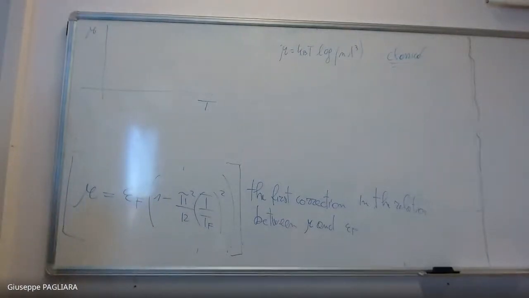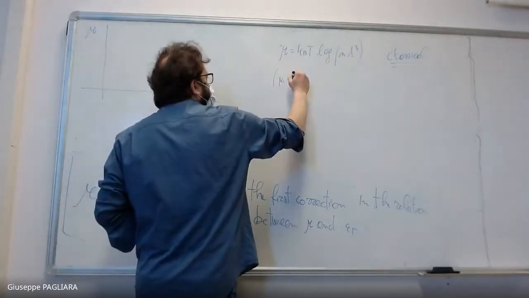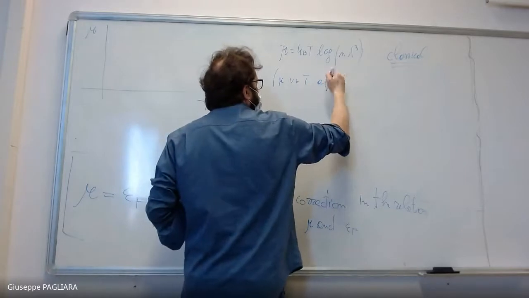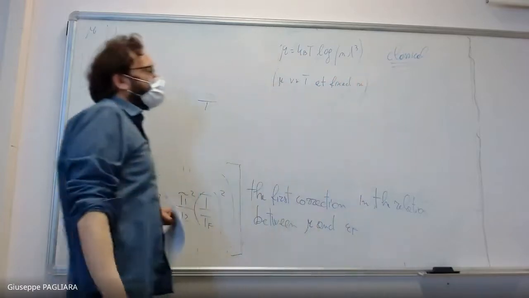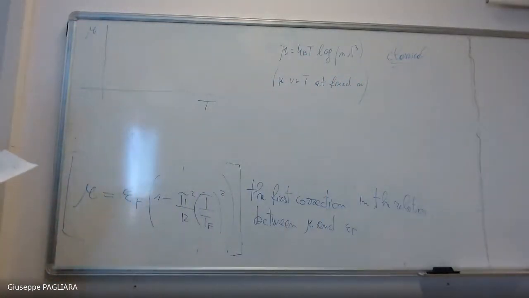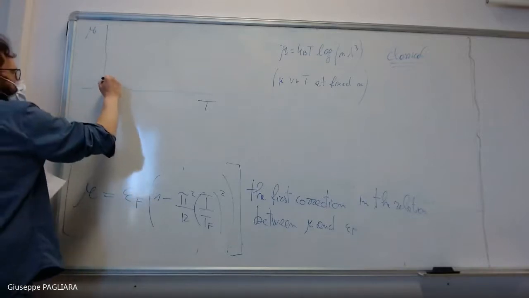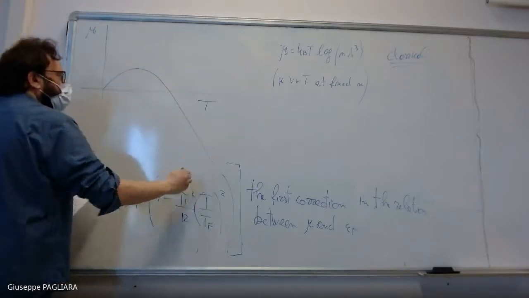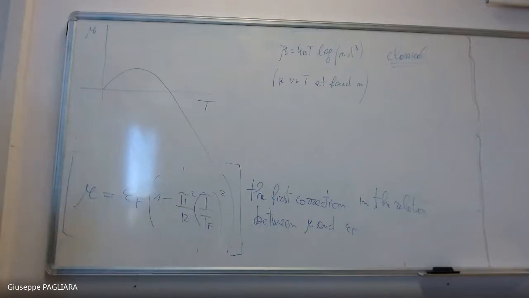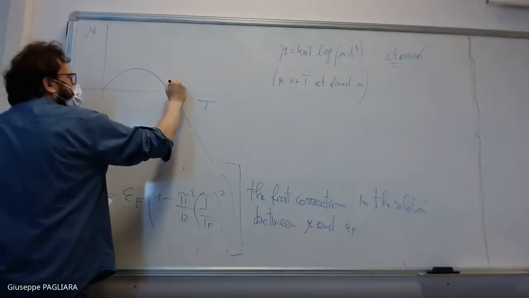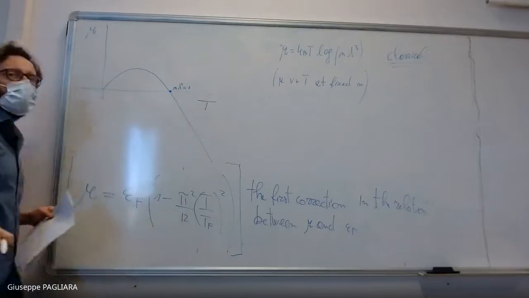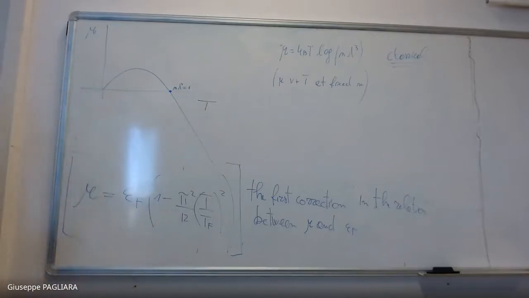And if you make a plot of mu versus T at fixed n, which means fixed volume, fixed number of particles, then for the classical you get something like this, where the zero is found when n lambda cubed is equal to 1. Okay. So here n lambda cubed equal to 1, which is exactly the point below which we expect classical physics to break down.